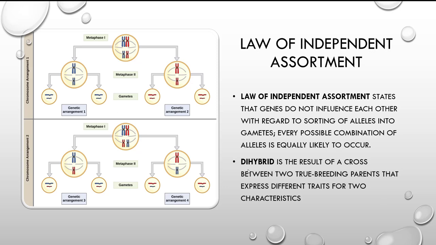So we're going to create something called a dihybrid. A dihybrid is the result of a cross between 2 true breeding parents that express different traits for 2 characteristics. This is different from a monohybrid, so we're going to look at 2 characteristics instead of 1. And we're assuming that these 2 characteristics are on different homologous pairs, so on different chromosomes.